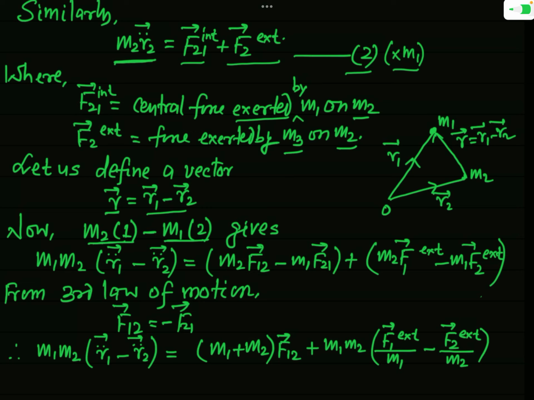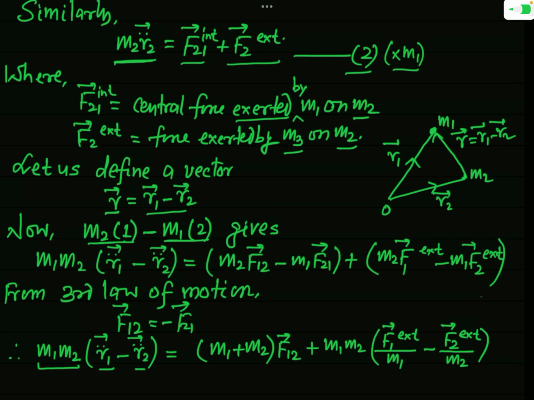So this will be m1 m2 r2 double dot. Okay, so when you will subtract, you can take m1 m2 as a common factor, and the remaining terms will be r1 double dot minus r2 double dot. This is very simple algebra.